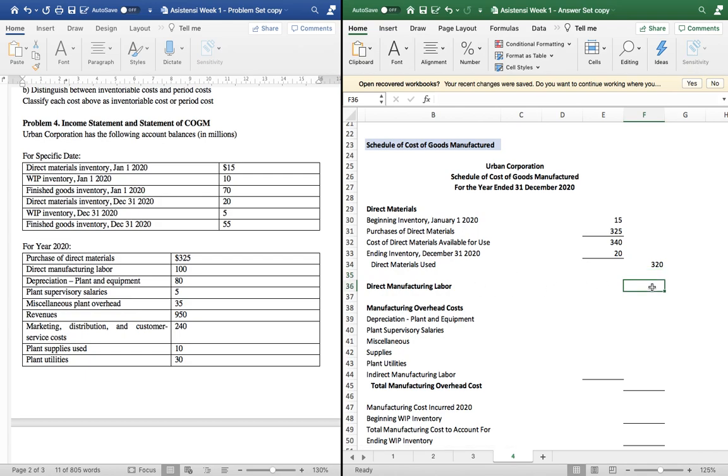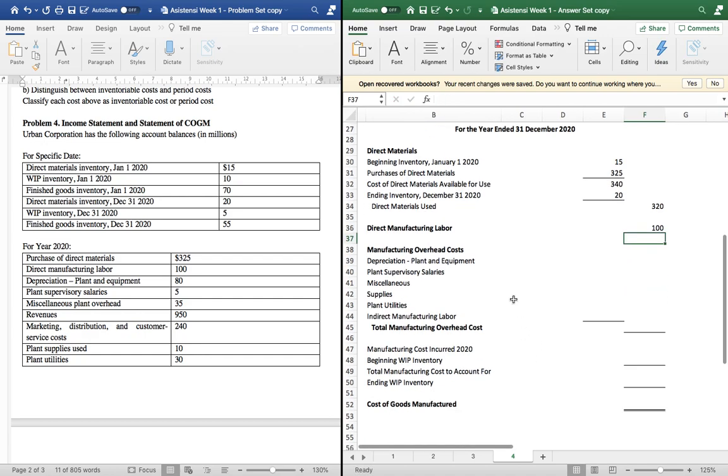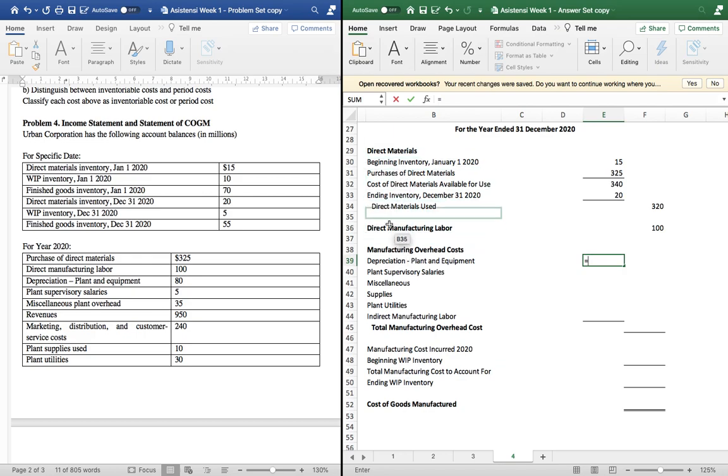And the second component is direct manufacturing labor. It is also already stated in the case, $100 million. And we have to calculate the third one, which is manufacturing overhead costs, which are all the costs outside the direct materials and direct manufacturing labor. So other than all these costs, we input them in the manufacturing overhead sections. The first one is depreciation, 80.